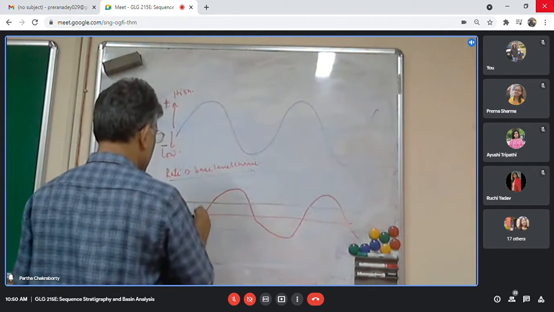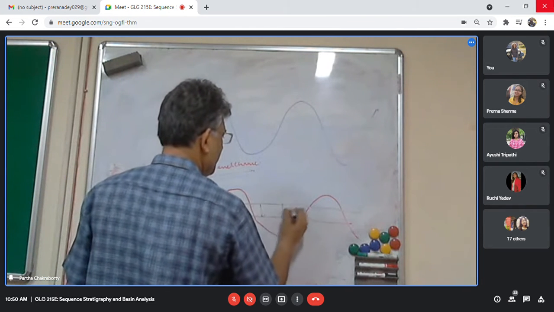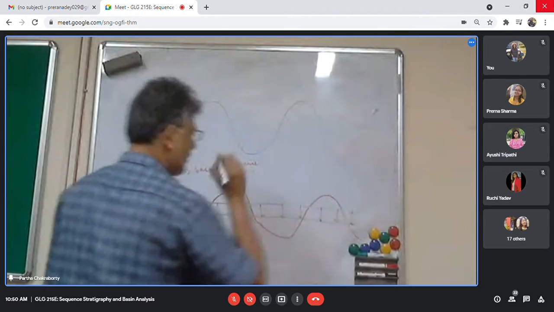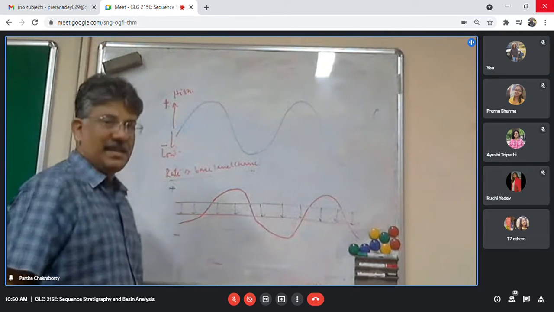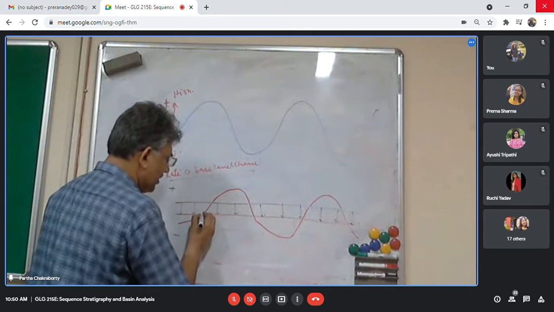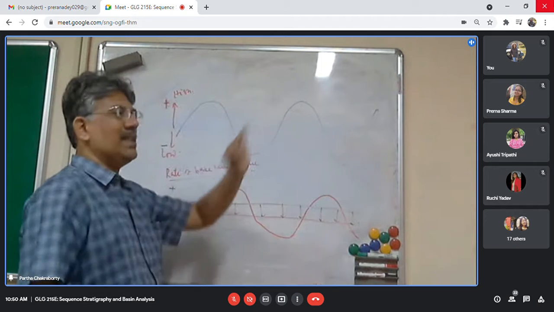So this is uniform sedimentation. Okay. So then, I start from here. What is happening in this entire curve? And this is a sinusoidal base level change.